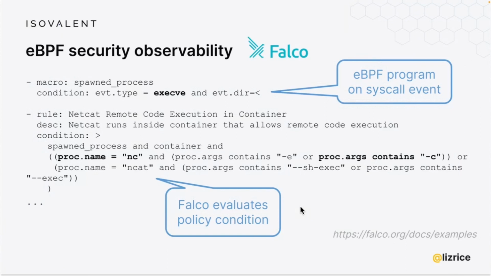When it finds that a new program is being executed, a user space tool evaluates whether, in this case, it's a malicious or very likely malicious program called Netcat, which you probably want to know about. So this is giving you insights into security relevant information.